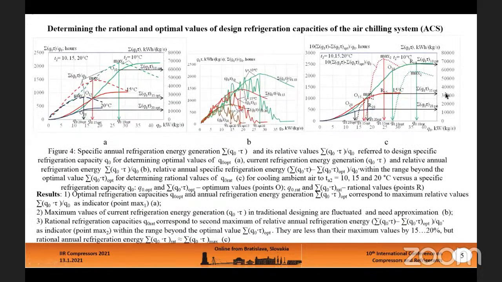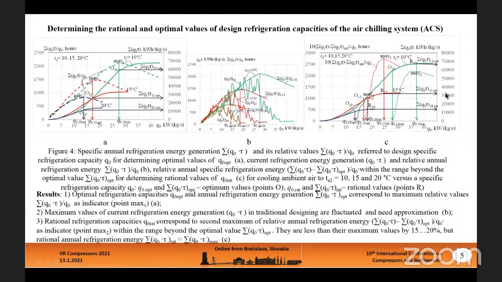Here you see the results of calculation of rational and optimal design refrigeration capacity. This is the annual refrigeration energy production depending on design refrigeration capacity.